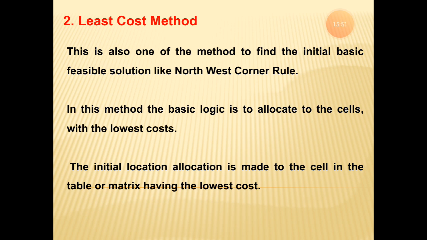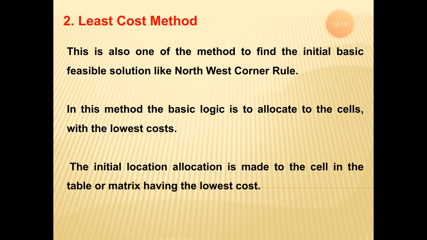In the least cost method, we make the maximum possible allocation to the cell with the least cost. If the cell with the least cost is not unique, then make the choice among the cells of the least cost where more allocation can be made.